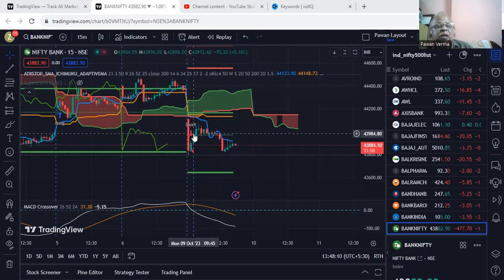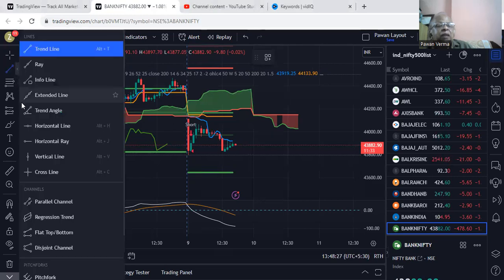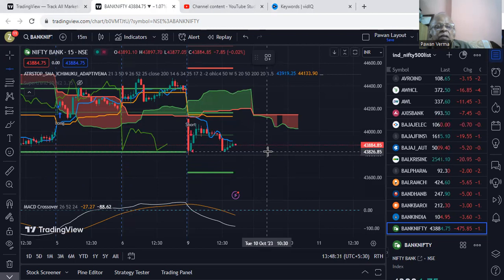So from here, if we look back 26 periods to find out the low, what we are observing is that this level is the level. If the Bank Nifty breaks it, then further downside can be observed.